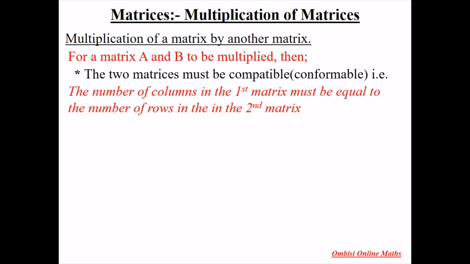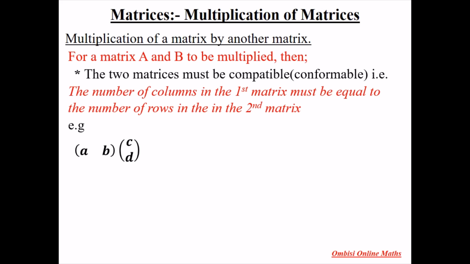So if you count the number of columns in the first matrix, it must equal the number of rows in the second matrix for those two matrices to be multiplyable. So they have to be compatible. That means conformable.